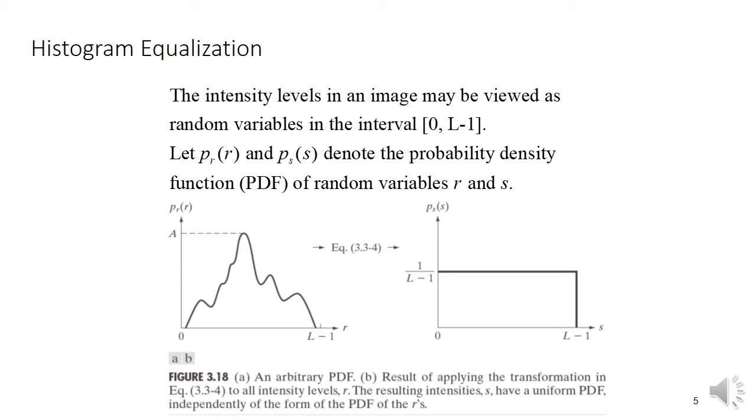But after we apply the transformation to all the intensity values R, we get new intensity values, which are S. After applying the transformation function, we get a uniform probability distribution function, which you can see on the right side of the image.